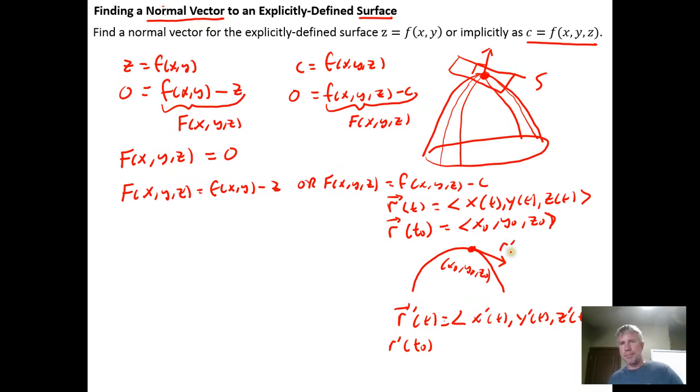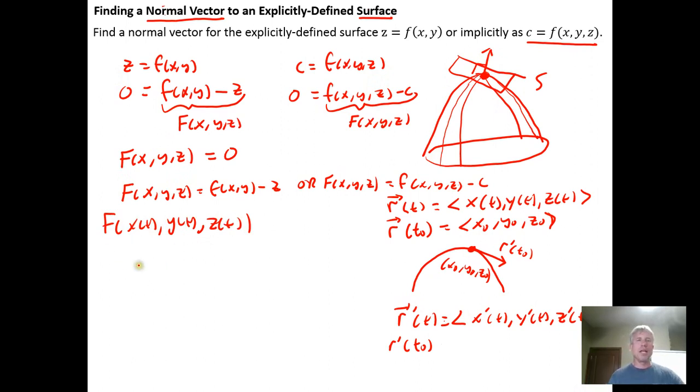So r prime at t naught is tangent to the curve at the point x naught, y naught, z naught. The next thing that I want to do is parameterize x, y, and z along this curve, and think about this function f of x of t, y of t, z of t, using the parameterized x, y, and z along this curve which lies on the surface.